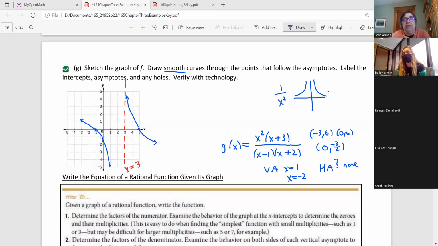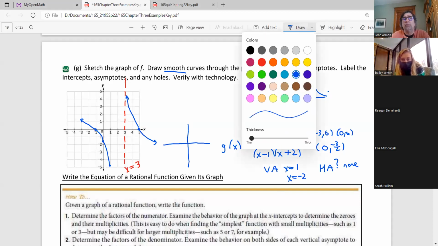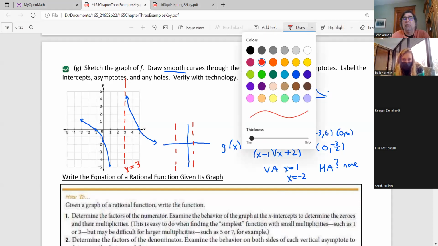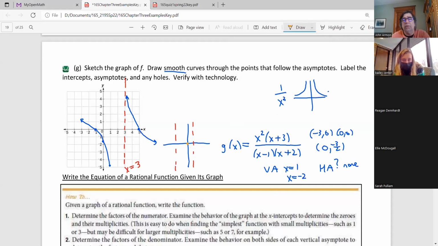So I'll give you a quick sketch here. So 1, negative 2, 0, 0, negative 3, 0, and then 0, negative 3 over 2.